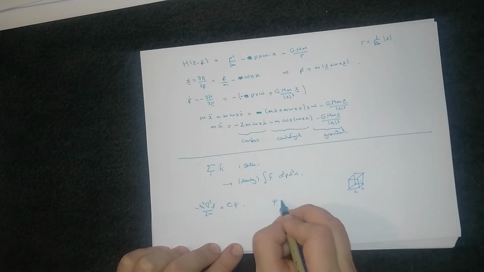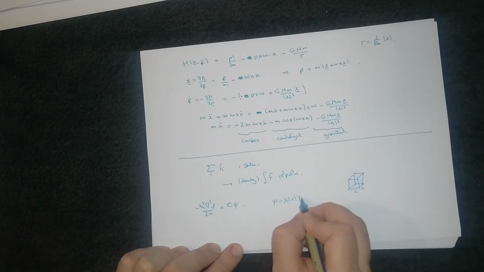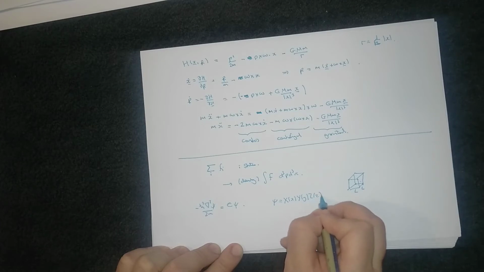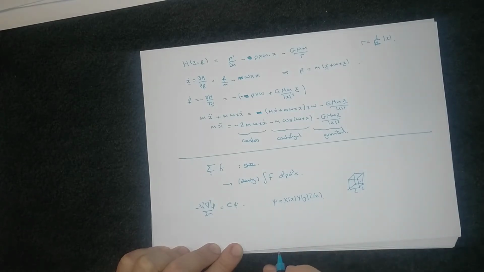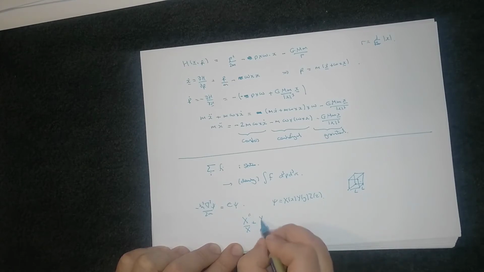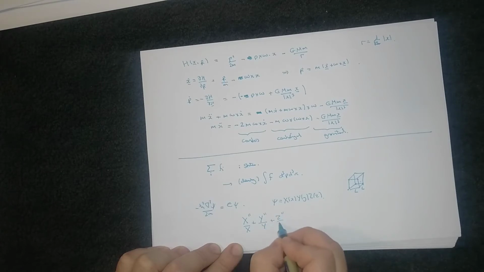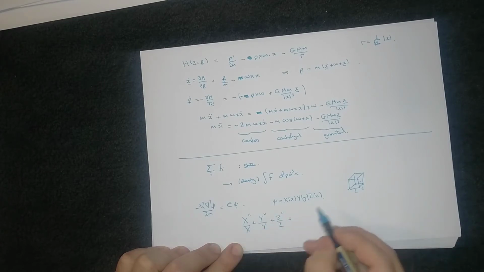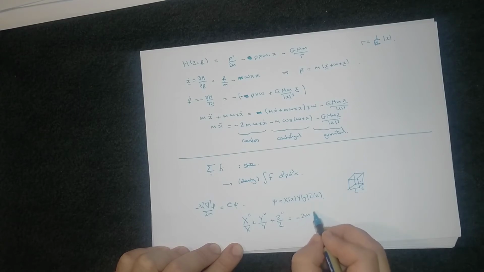So we write psi as X(x) Y(y) Z(z). In other words, we use separation of variables. This equation becomes X double prime over X plus Y double prime over Y plus Z double prime over Z is equal to minus 2mE over h bar squared, which is constant.